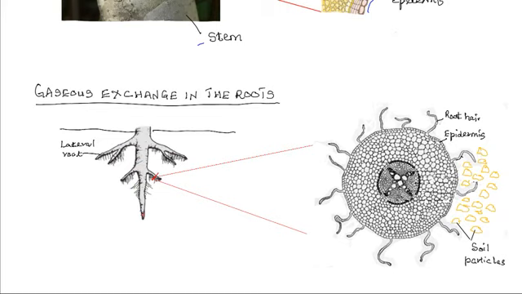Within the soil, there are air spaces, and so the roots, through the epidermis and the root hair, obtain oxygen from the soil. So oxygen will diffuse into the roots from the soil, and carbon dioxide diffuses out. So this is why it is important for the soils to have air.